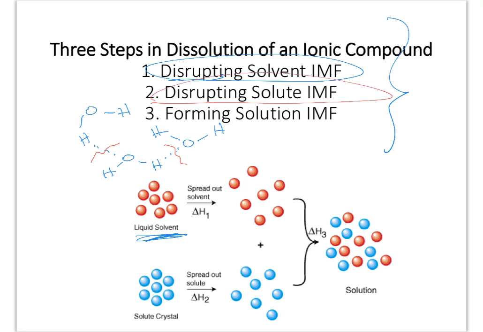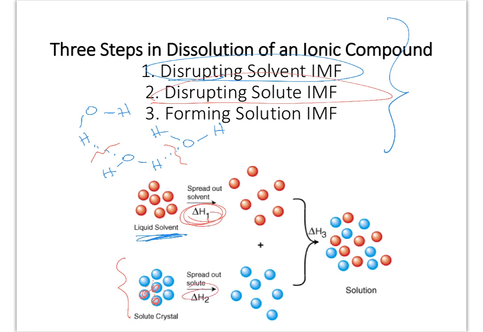The second step, well, I guess they can occur simultaneously, is that you also have to disrupt the intermolecular forces among the solute molecules. They're going to have some type of attraction between each other, and that's going to cost energy too. So there's an energy cost to each of these.